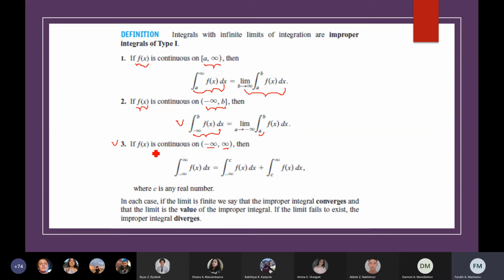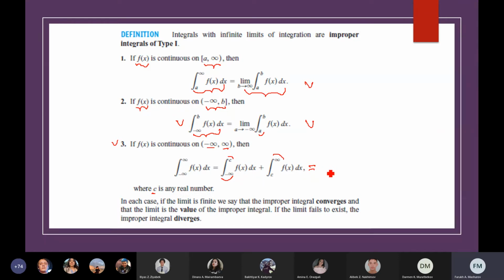If our function is continuous on this interval, since we know these two formulas, we choose any real number c between minus infinity and infinity, where f of c has a value. We split it from minus infinity up to c, and from c up to infinity, and we can rewrite it by using these two formulas.